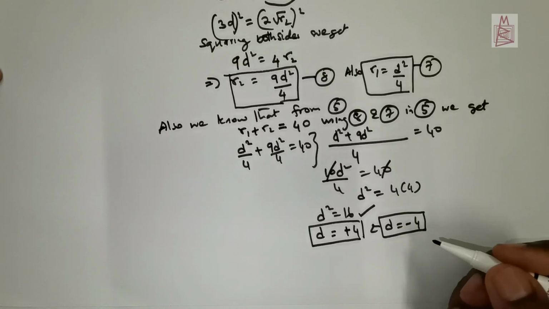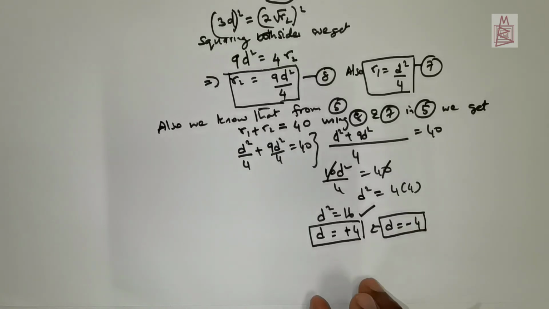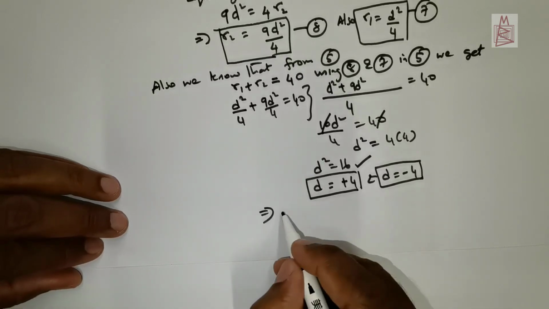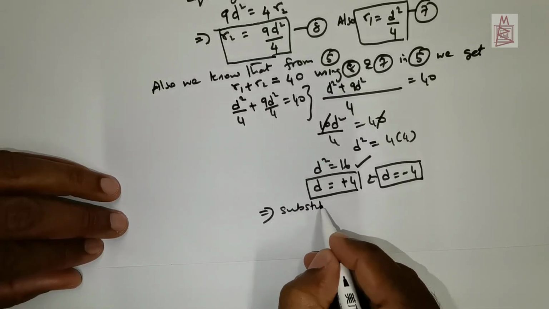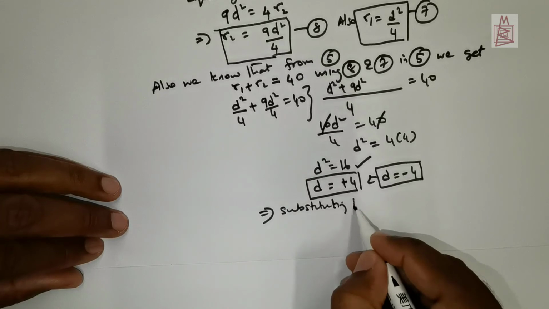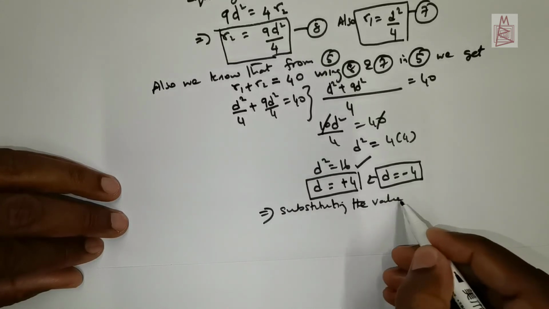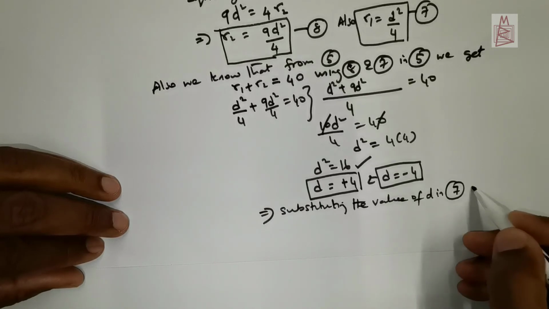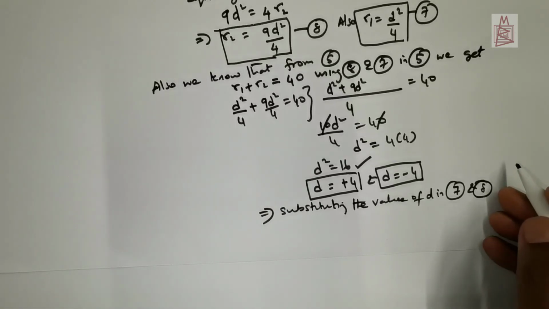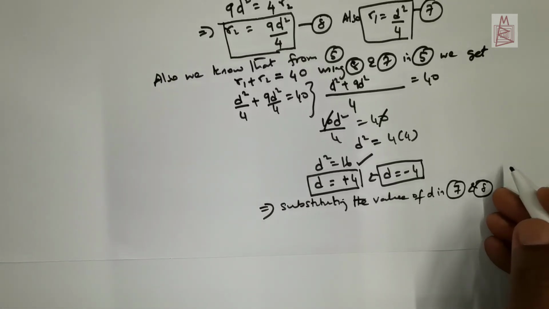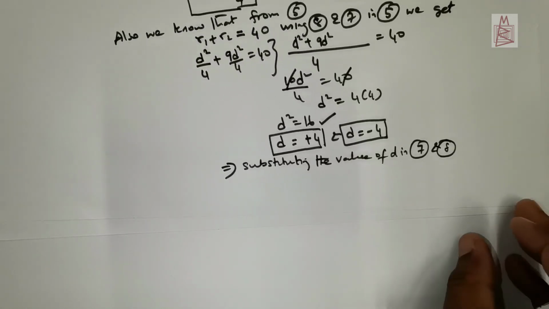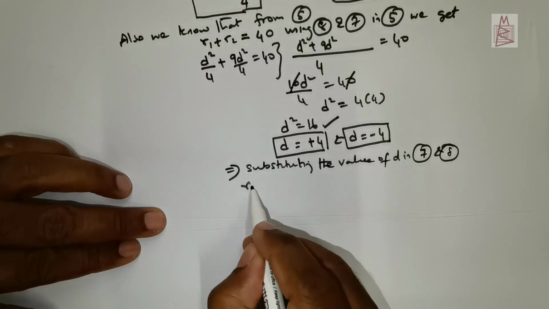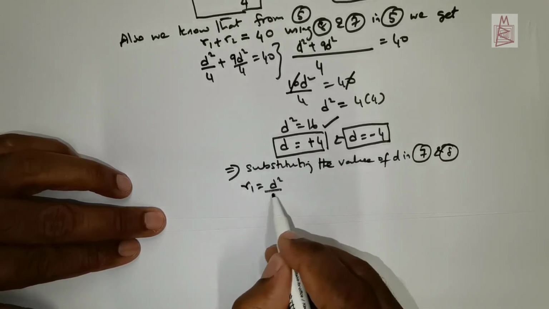Having obtained this, now clearly I can, substituting the value of d in 7 and 8 we get. So what do we get when we substitute the values? So we already got R1 is equal to d squared divided by 4.